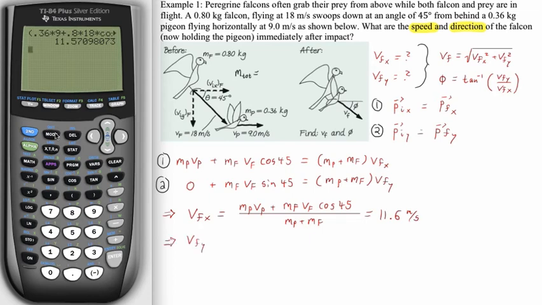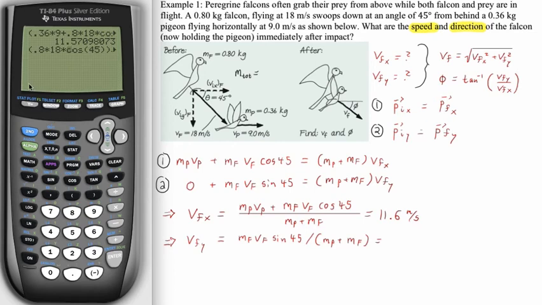Okay, we're going to do the same thing in y. So v final y is just going to be mf vf sine 45, divided by the combined masses, mp plus mf. So we can just modify this equation up here. So 0.8 times 18.